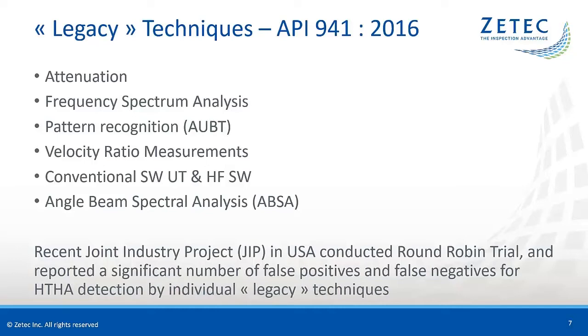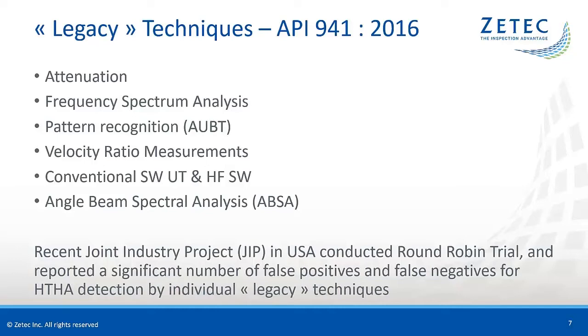Most of the techniques have a good theoretical basis and are in some cases supported by empirical evidence. However, a joint industry project in the US, started in 2012, has recently reported on the experimental assessment of a number of those techniques.